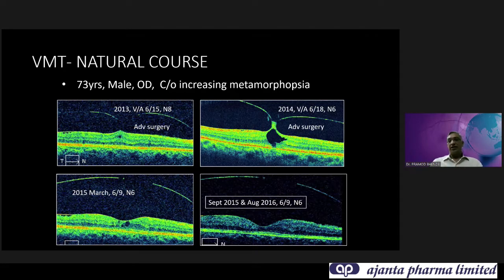We suggested surgery, however, because of some personal reason, the patient decided against it. When he came back for subsequent follow-up in 2015 and 2016, until August 2016, the posterior hyaloid had spontaneously separated. The cystic spaces resolved, and a normal contour was restored. The patient is maintaining 6/9 and N6 vision.